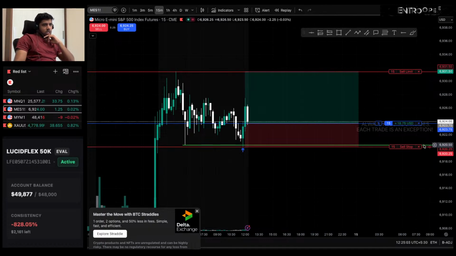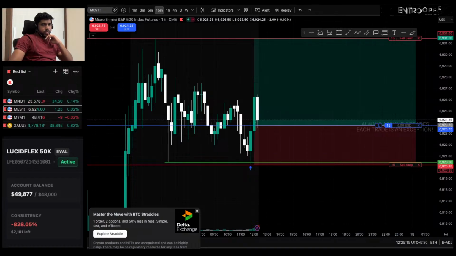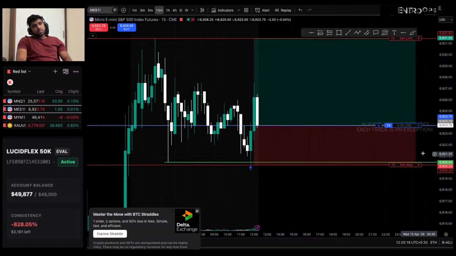So I am quite doubtful if it's gonna hit our target from here. There's no quick reversal or an impulse to the upside, so quite concerning.